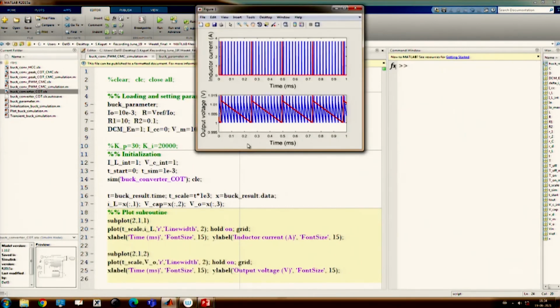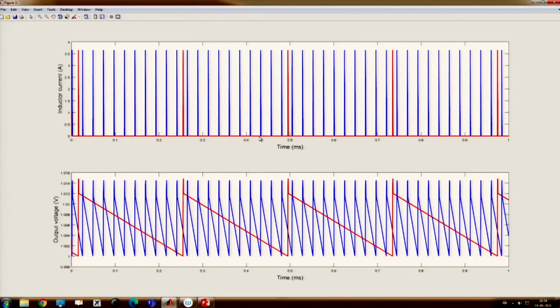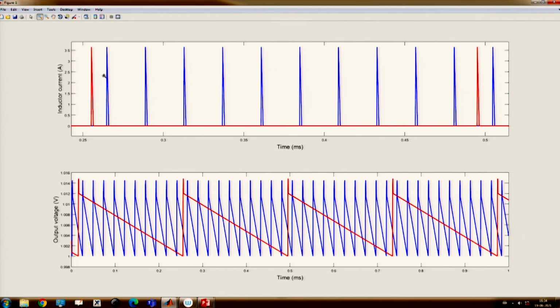Okay, now you see the red and blue. Red is the 10 milliampere and blue is the 100 milliampere. In between you can see 1, 2, 3, 4, 5, 6, 7, 8, 9, 10.